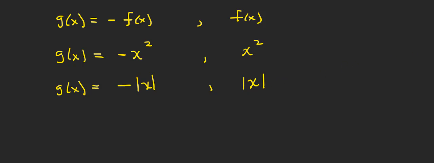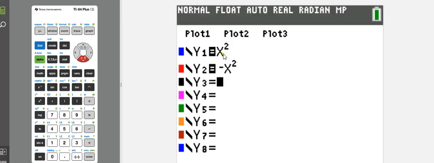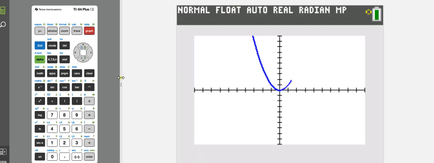Let's see what happens when we graph x squared and negative x squared. Here's x squared, and here's negative x squared. So what happened? When there's a negative in front of f of x, it causes a reflection with respect to the x-axis. Let's look at absolute value of x and negative absolute value of x.